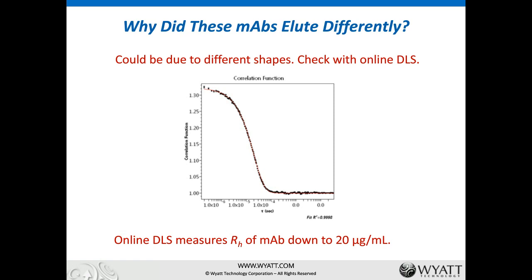And we find all those three mAbs actually have very similar radii. So this similar radii ruled out the possibility of different elution volumes due to different hydrodynamic volumes. So this would suggest that the different elution volumes is most likely due to different degrees of column interaction.